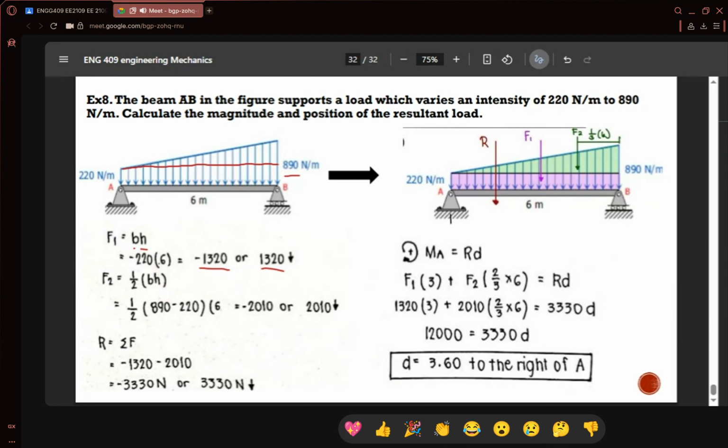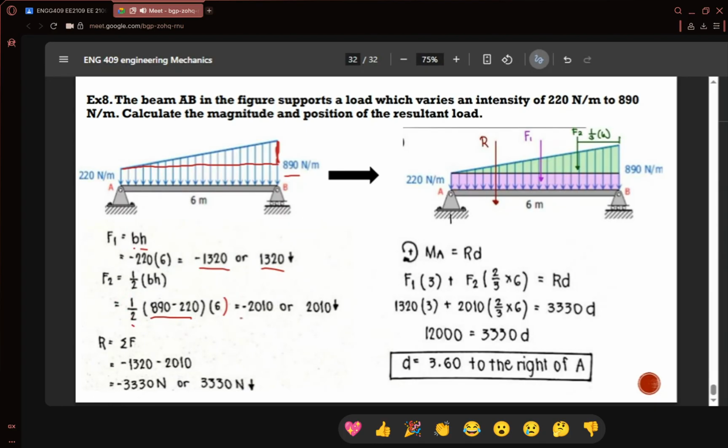Although I think this might be confusing because this is obviously base and this is height, but I think it got inverted here. Anyway, as long as you understand that this is base and this is height, and what you need to consider here, that's fine. So 890 minus 220, this part, is what's left. 890 minus 220, times 6, the length of your base, and then times 1/2.